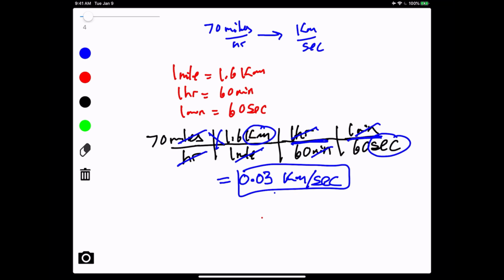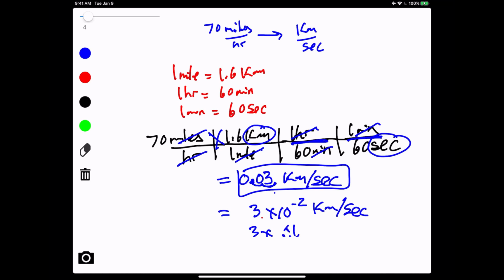So this converted into scientific notation would be 3 times 10 to the negative 2 kilometers per second. So we start with the decimal point here. We go over 1, 2, which means this is 3 times 10 to the negative 2.